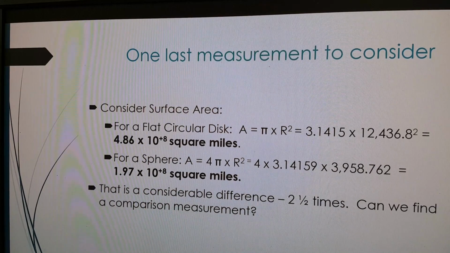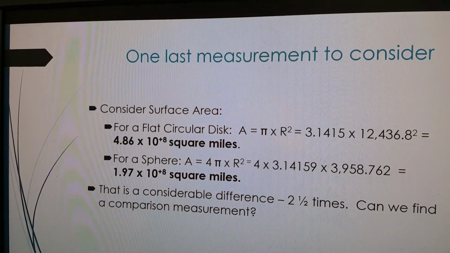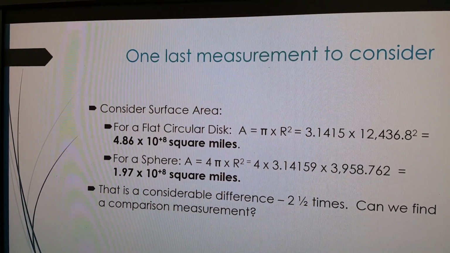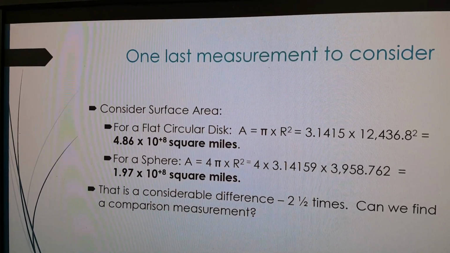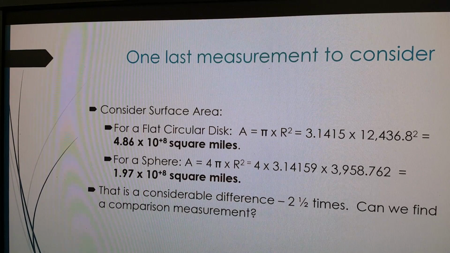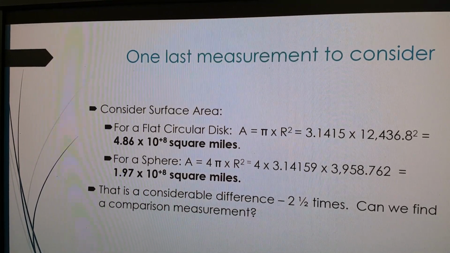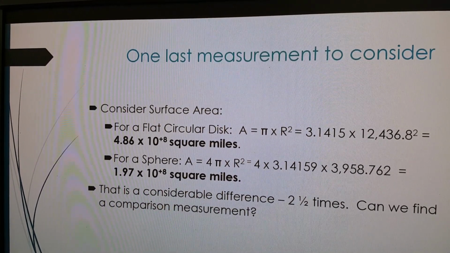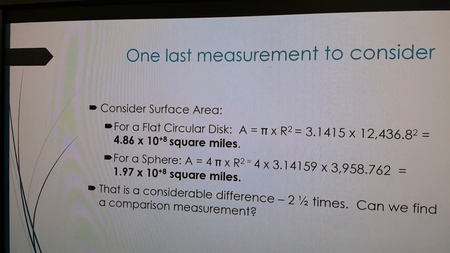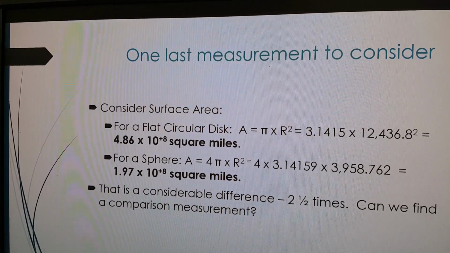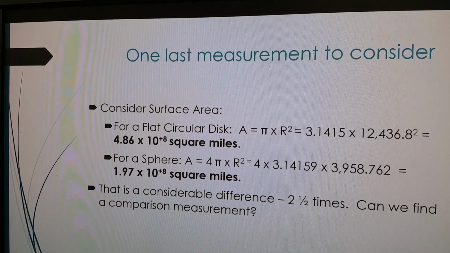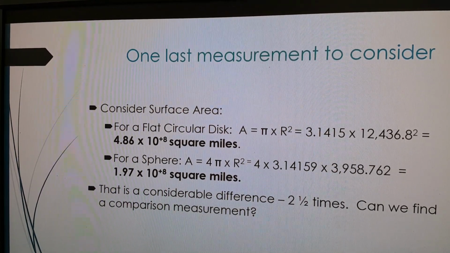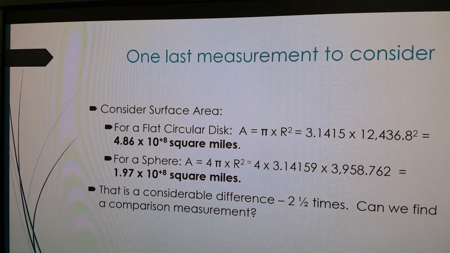The radius squared, 12,436.8 squared, gives us a total of 4.86 times 10 to the 8 square miles. Okay, so what is that, about 486 million square miles.